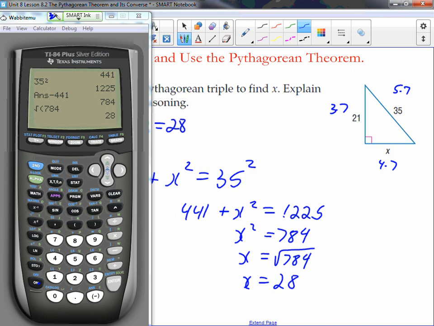Now, depending upon what kind of calculator you have, and depending upon how much you trust yourself to type things in correctly, I can do this a little quicker. I don't actually have to figure out what 21 squared and 35 squared equal. I started with this, right?